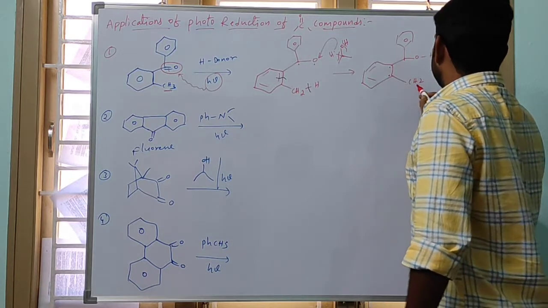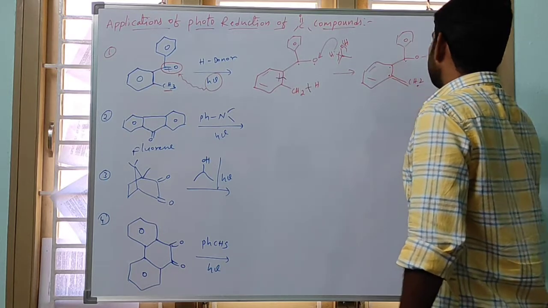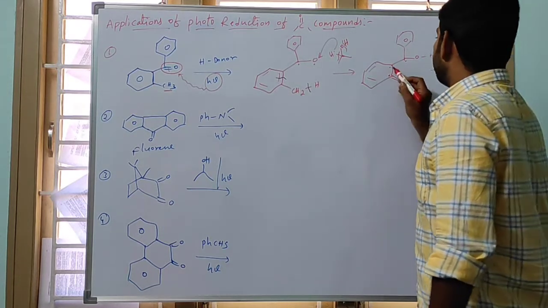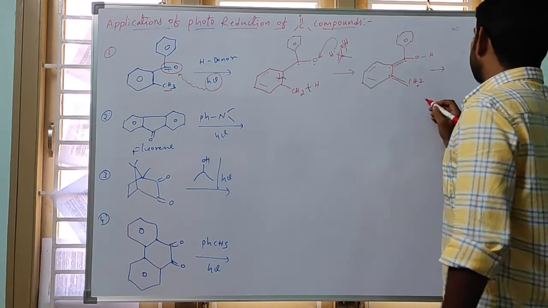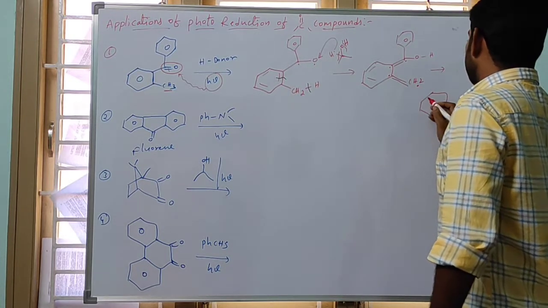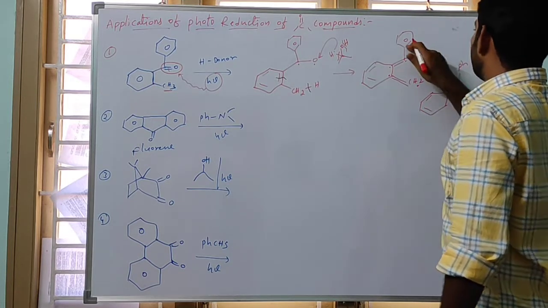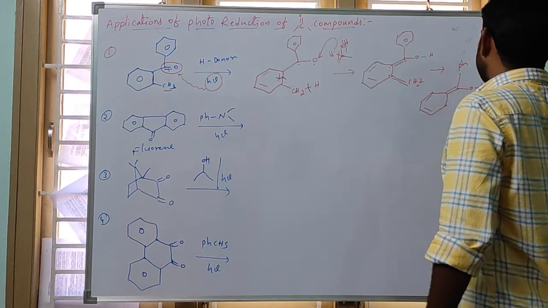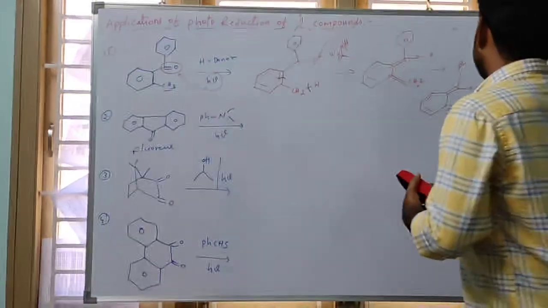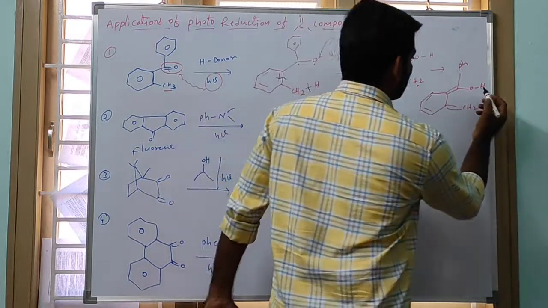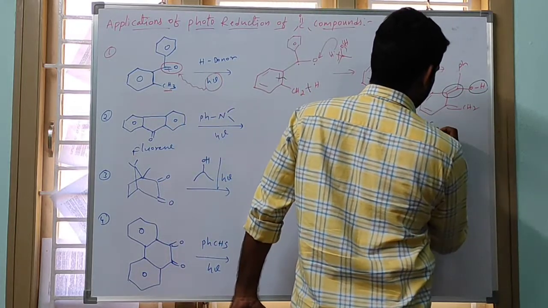This radical and this radical recombine, and this radical combining forms a pi bond. So we can write this as the phenyl group with OH and another CH. Now see here, why it is called enolization.